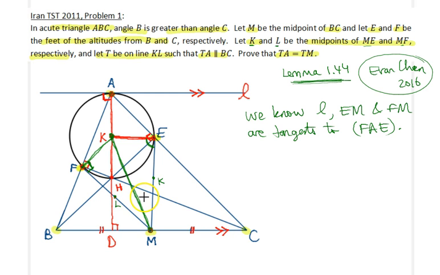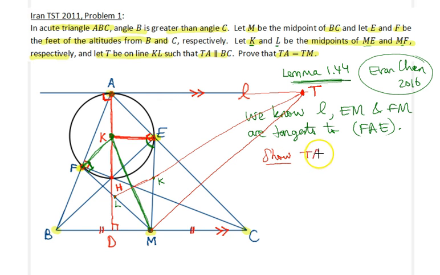When I join those points, somewhere here, that's the point T, and we are told to prove that TA is equal to TM. So this distance here is exactly what we want to show: TA is equal to TM.